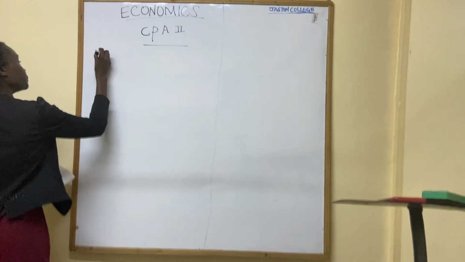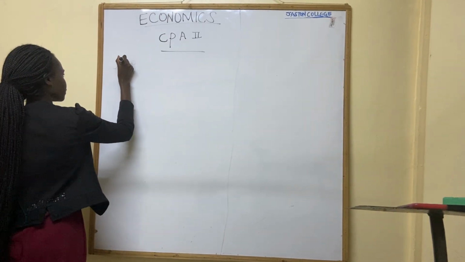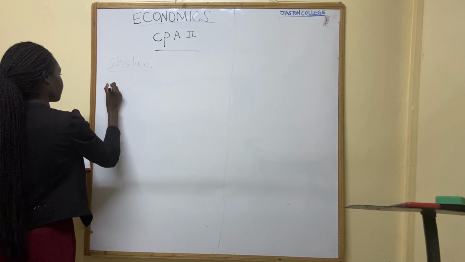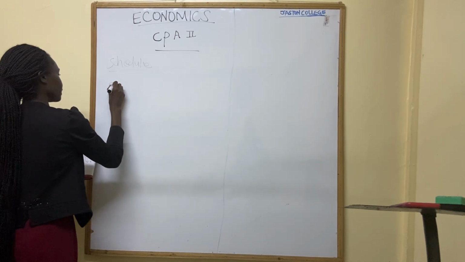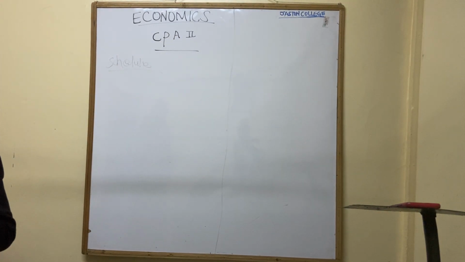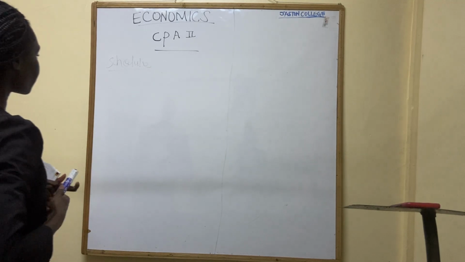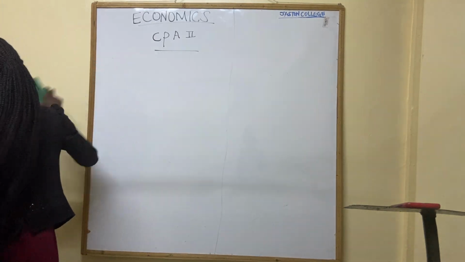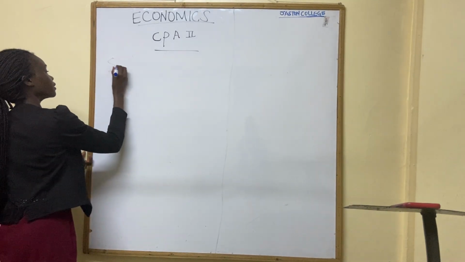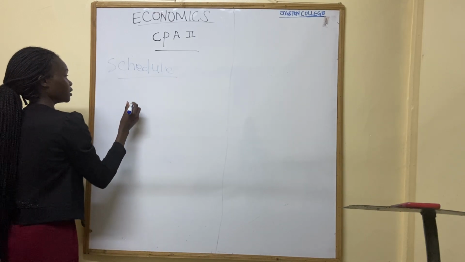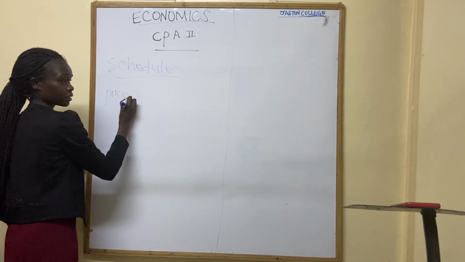The schedule looks like this. This is price and quantity.